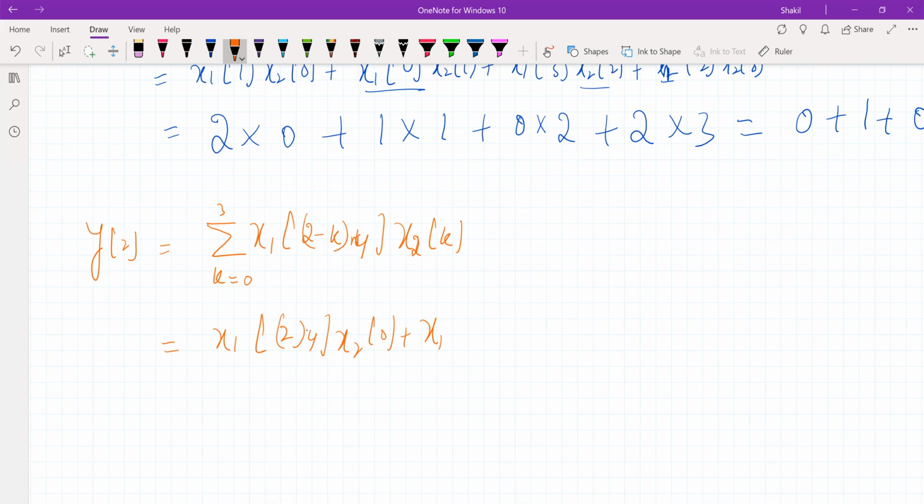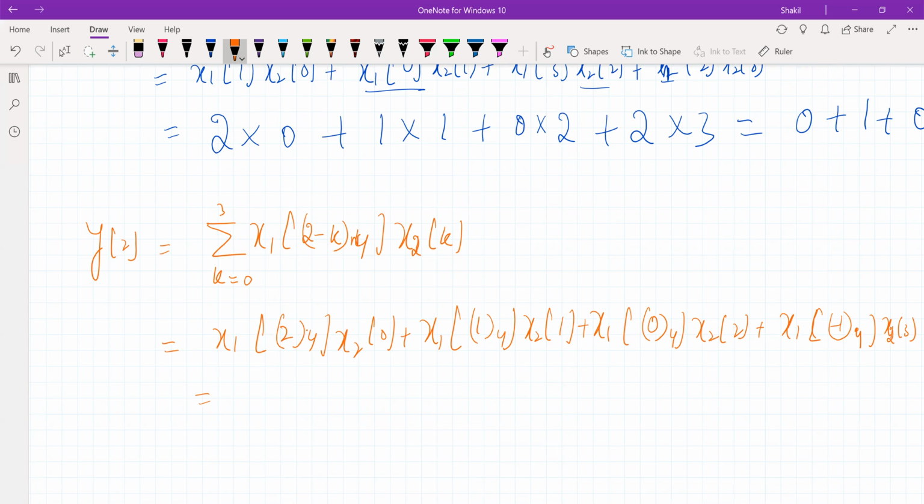If we put k equal to 1, this will be 1 modulo 4, x2 of 1. Am I doing it right? 2 minus 1 is 1, yes. Plus x1 of 2 minus 2, when k is equal to 2, this will be 0 modulo 4, x2 of 2, plus x1 of 2 minus 3, this will be minus 1 modulo 4, and this will be x2 of 3.